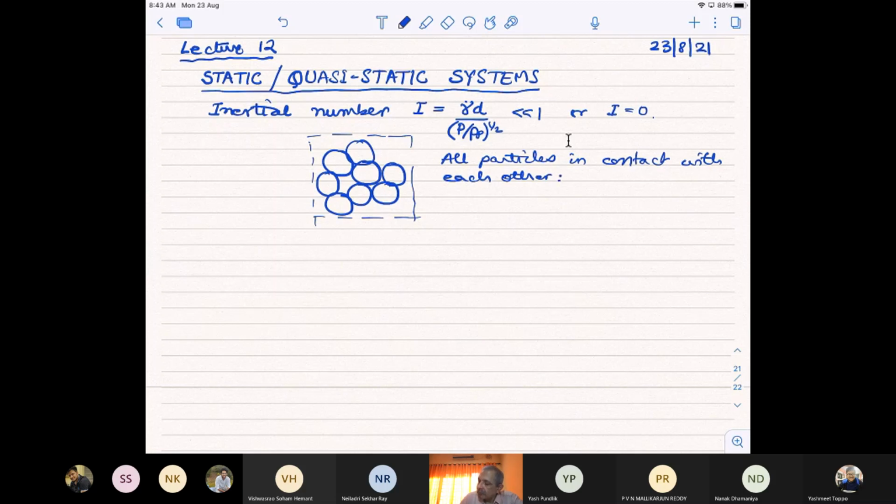And because of this, the only force that's acting is friction. And of course, deformation and all these things are also important. But this is the kind of system that we want to analyze.